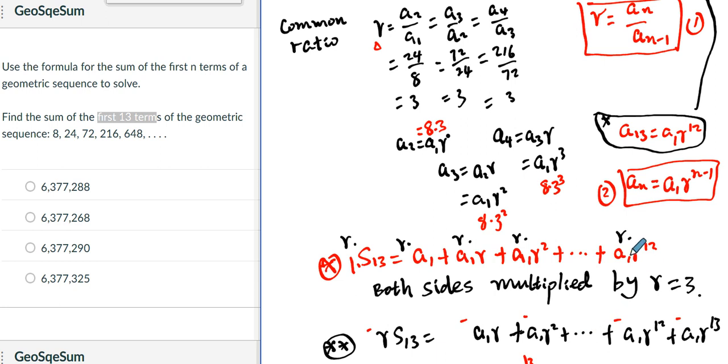And then the term before A1 times r to the 12th was A1 times r to the 11th, one term before this term. When this term is multiplied by r, you have A1 times r to the 12th. The last term multiplied by this red r, you should have A1 times r to the 13th power, because here was r to the 12th.